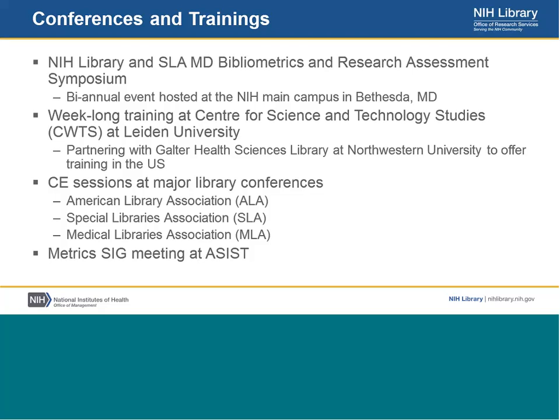And then you can also be on the lookout for continuing education sessions at major library conferences. In recent years, there have been sessions available from the American Library Association, the Special Libraries Association, and the Medical Libraries Association. In addition to that, there is a standing metrics special interest group meeting that is a pre-conference meeting that's available at ASIST every year.